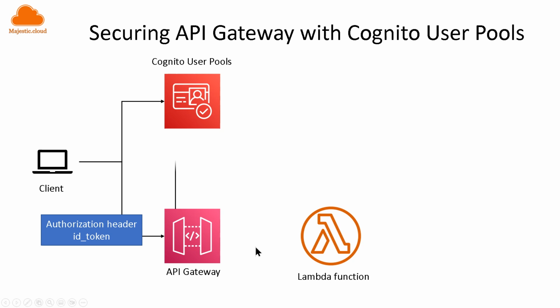Then API gateway will check this token with the Cognito user pools, and if everything is fine, then it will grant the access to the Lambda function, so it's able to invoke the Lambda function successfully. So this is the flow. This is what we're going to build in the AWS management console.